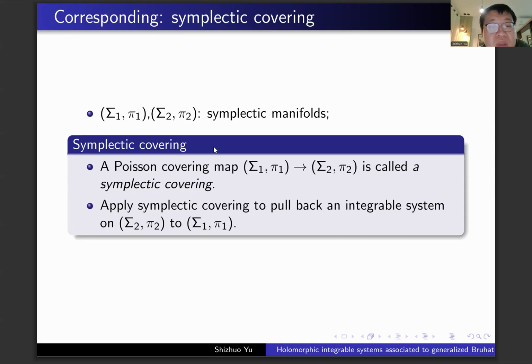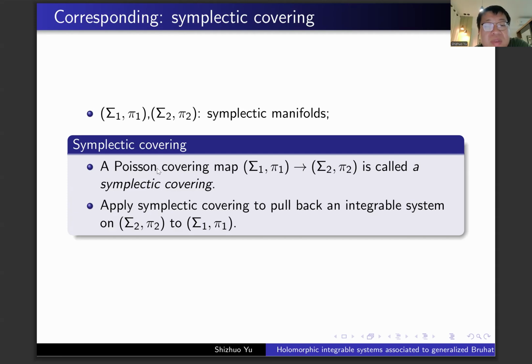And the second important viewpoint is that we will understand it from the symplectic covering. The so-called symplectic covering is a Poisson map. It is also a symplectic map. Here, sigma 1 and sigma 2 are both symplectic manifolds, or non-degenerate Poisson manifolds.